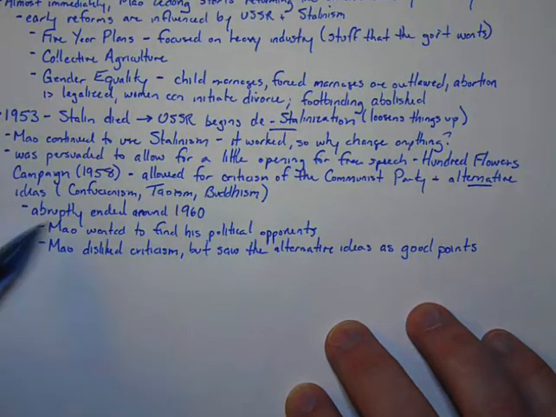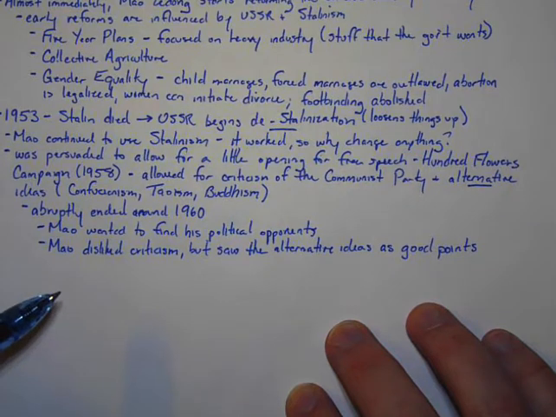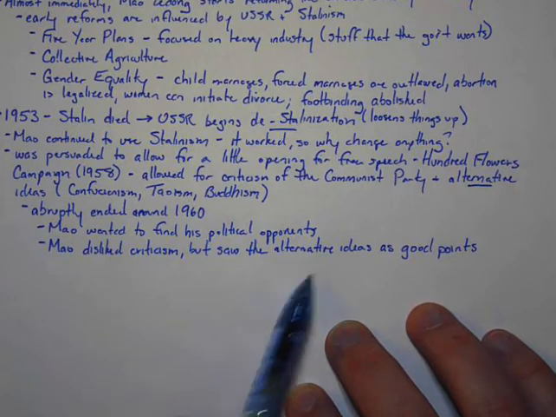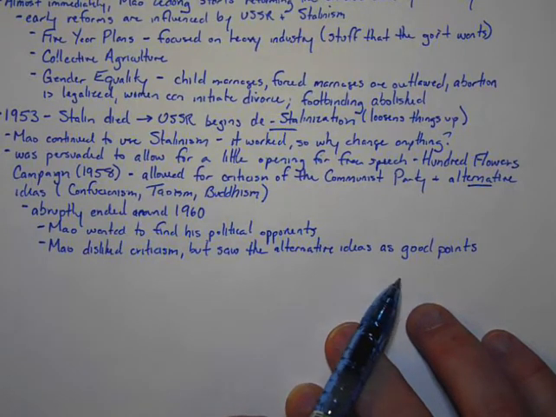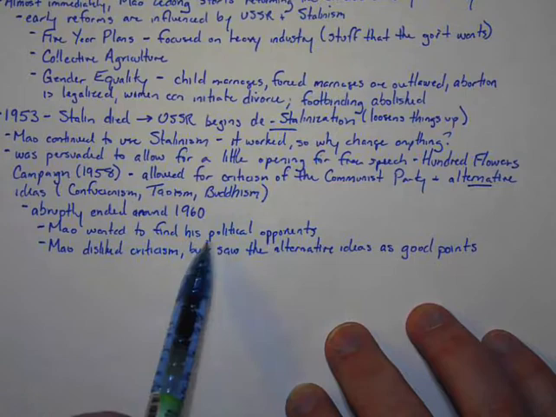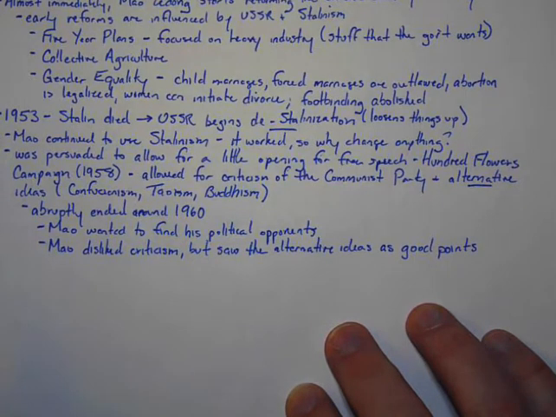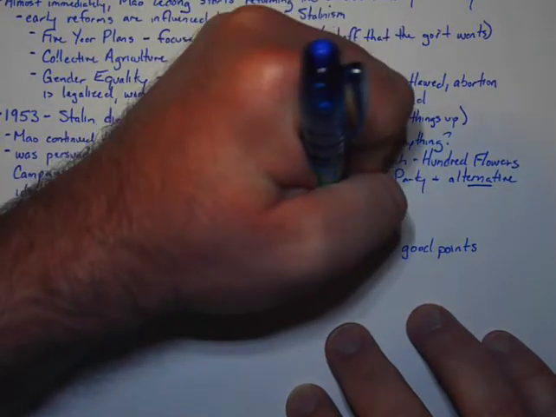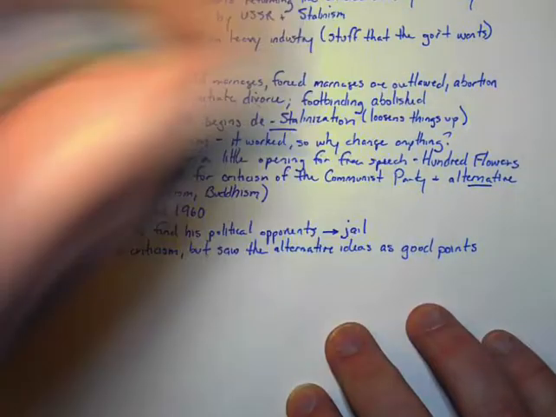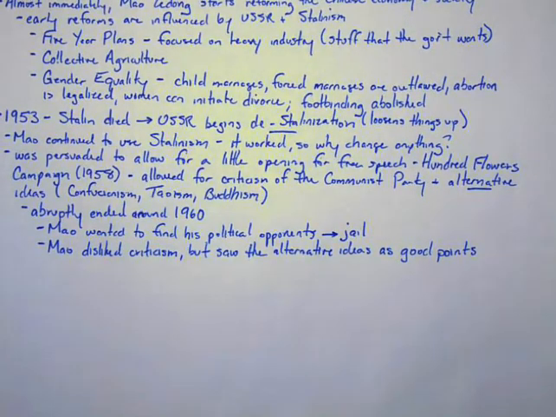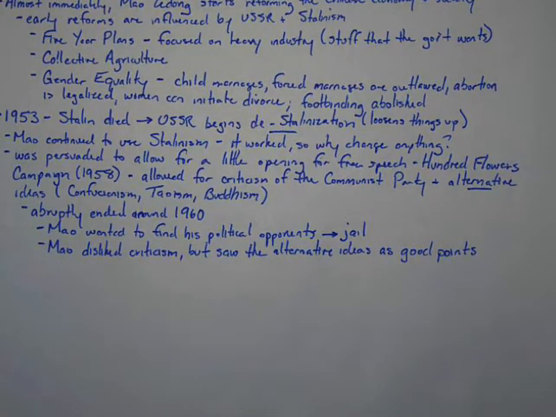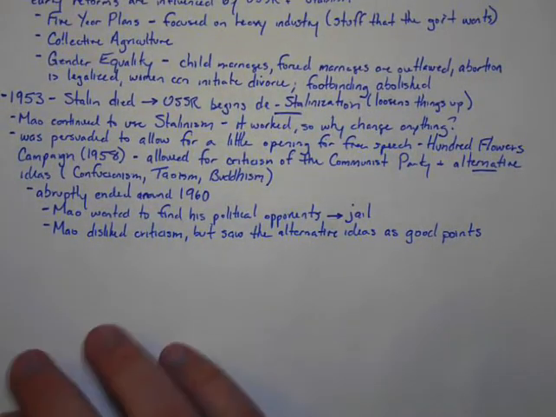And so if we put these two ideas together, we see that Mao didn't like being criticized, but he did see that these were good points. Not wanting his political opponents to get credit for them, he put them in jail or had them executed so that Mao would not lose power himself. After this, China becomes more authoritarian.